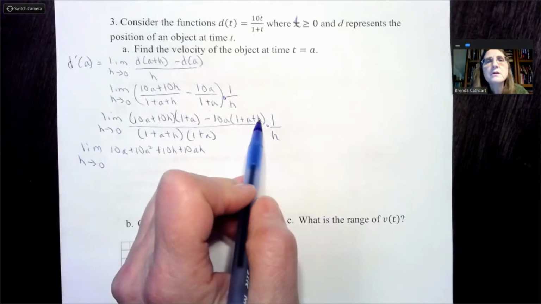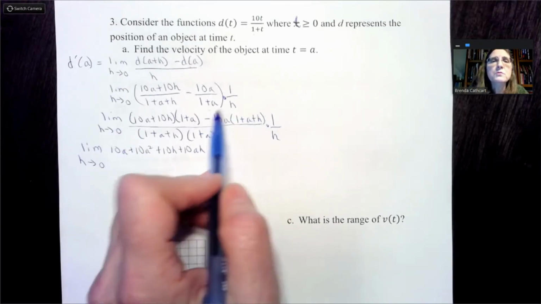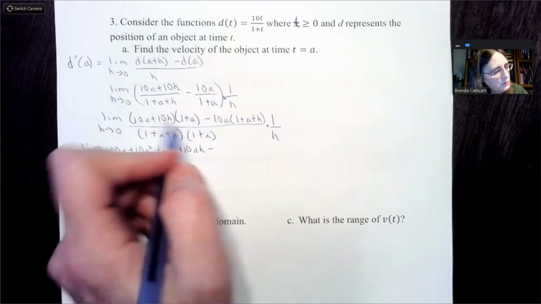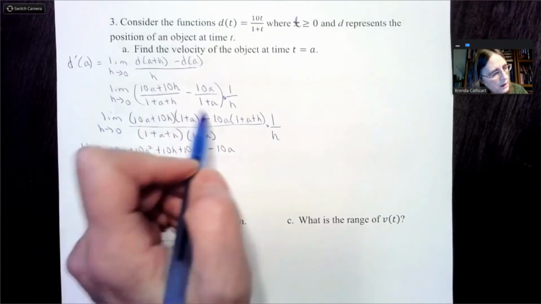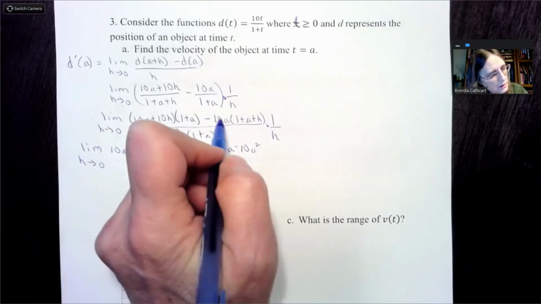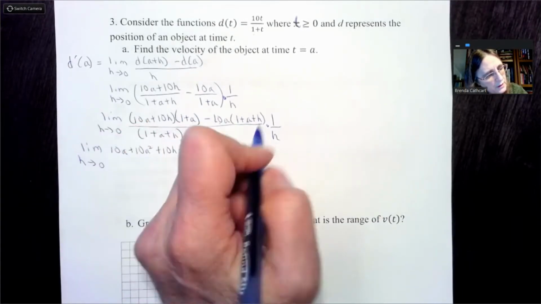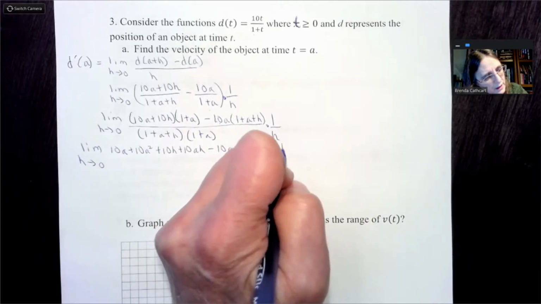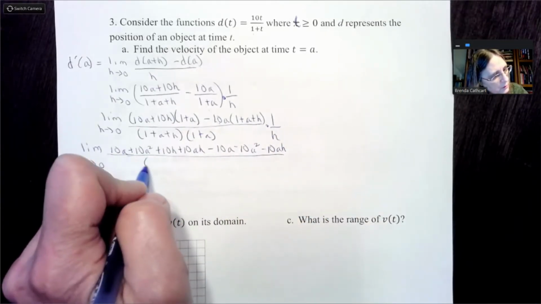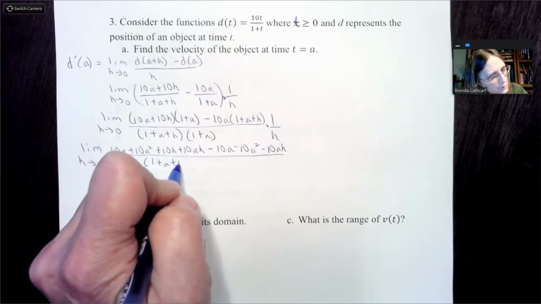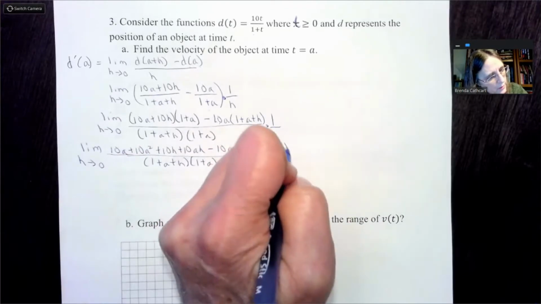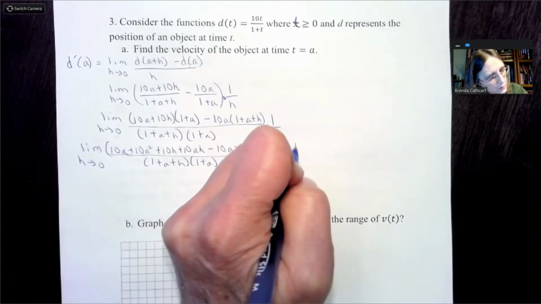Our second term in this numerator, when I distribute, I'm going to multiply negative 10a to 1, negative 10a multiplied to a, negative 10a squared, and negative 10a times h for negative 10ah. And our denominator we are going to leave in factored form, and the whole thing is multiplied by 1 over h.